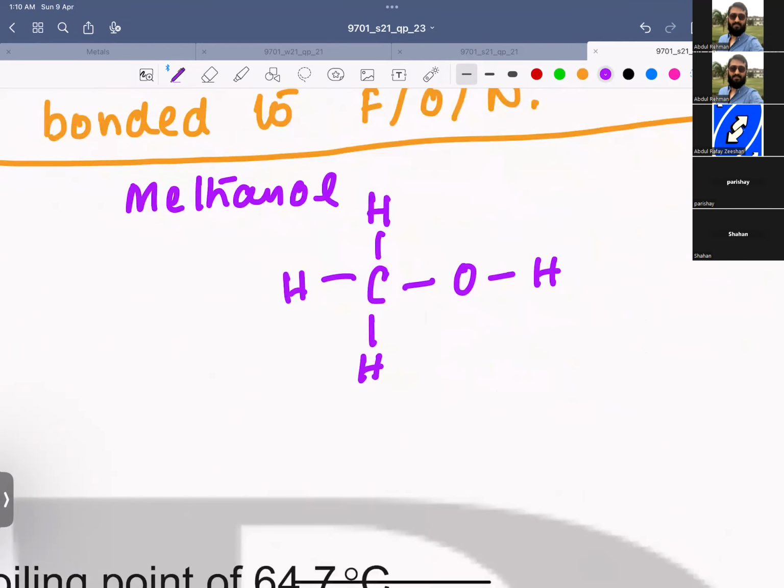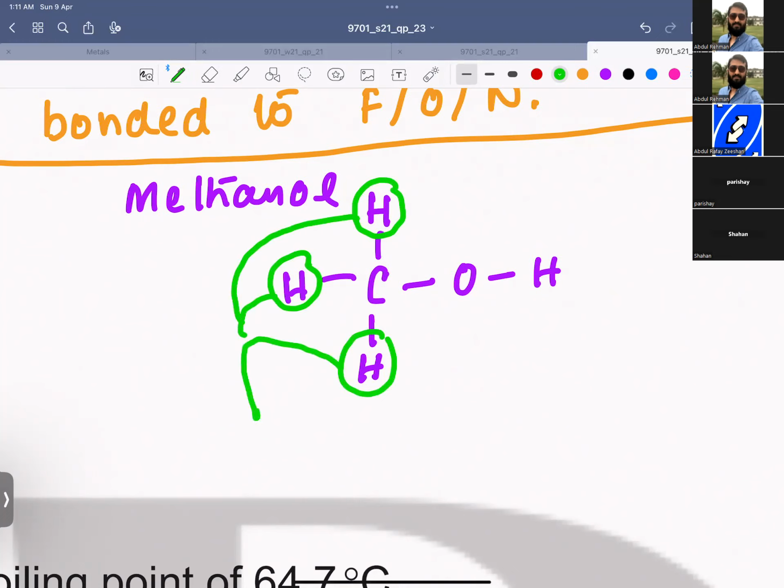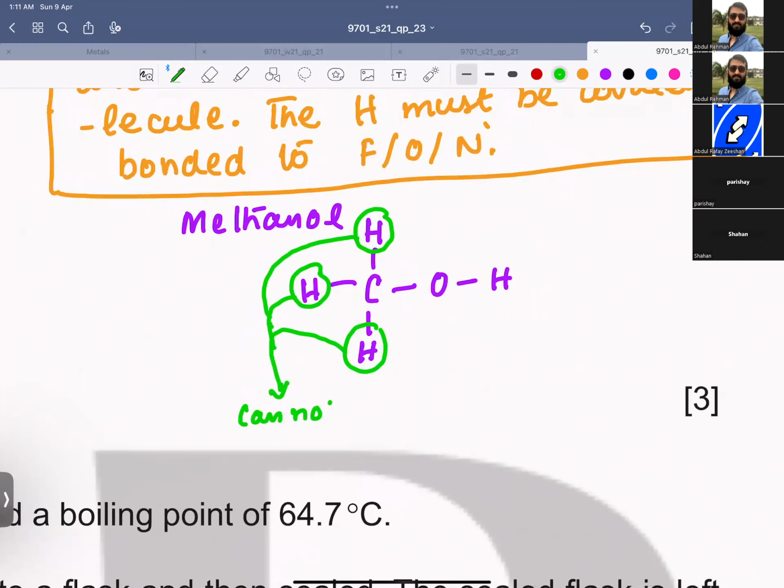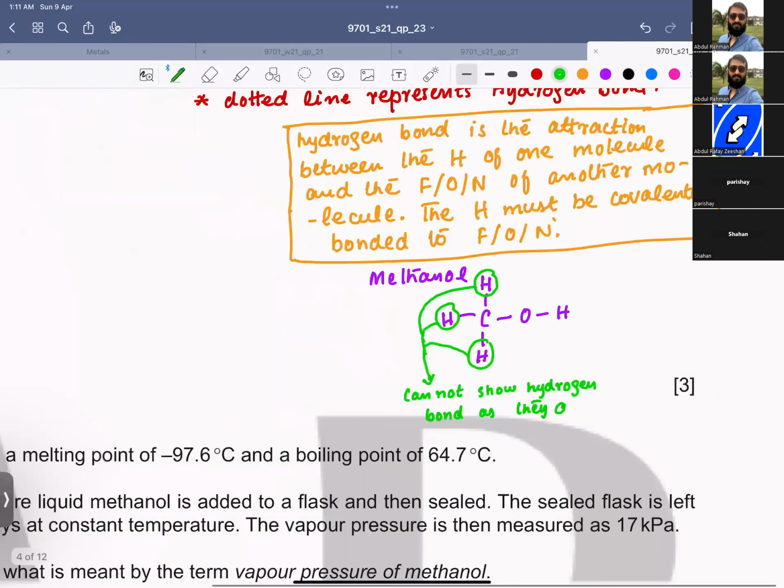So these 3 hydrogens cannot show hydrogen bond as they are covalently bonded to carbon.